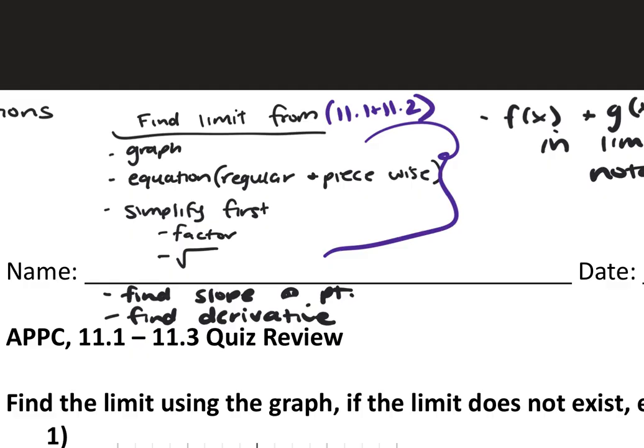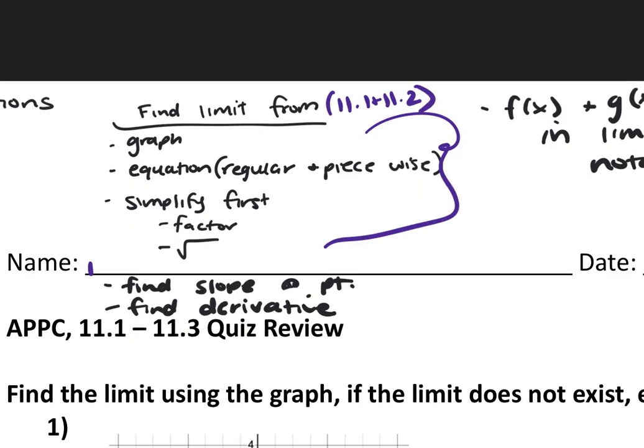And then when we got into 11.2, we had situations in which you couldn't use direct substitution because it would make your function undefined. And so those we have to simplify first. So I'm talking about the ones where we have to factor and simplify, or ones with a square root that we had to multiply by the opposite and then plug in.